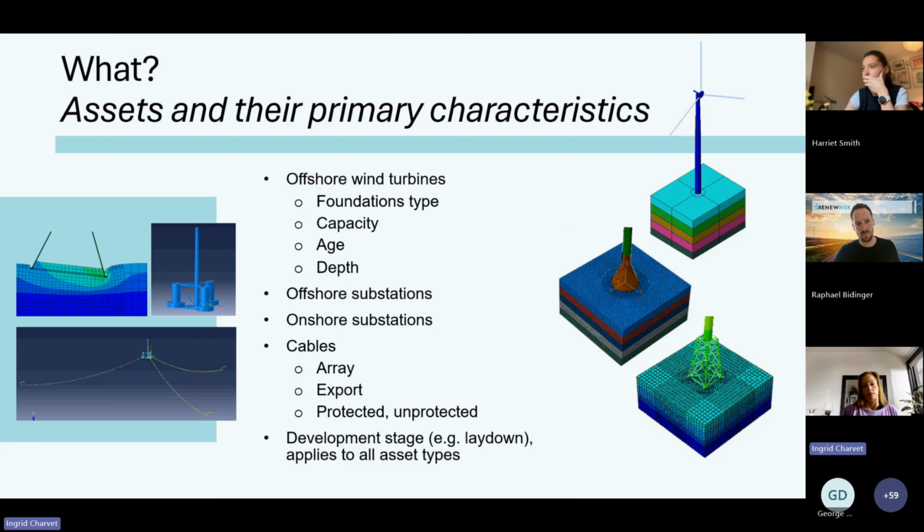And then for all assets, we also consider things like the development stage, because wind farms that are fully operational offshore will have a vulnerability that is significantly different from the disassembled parts, for example, of the wind turbines or the other assets in what we call the laydown area, which is the harbor where the assets are sitting before being dispatched and installed offshore. So we consider that aspect of things as well.